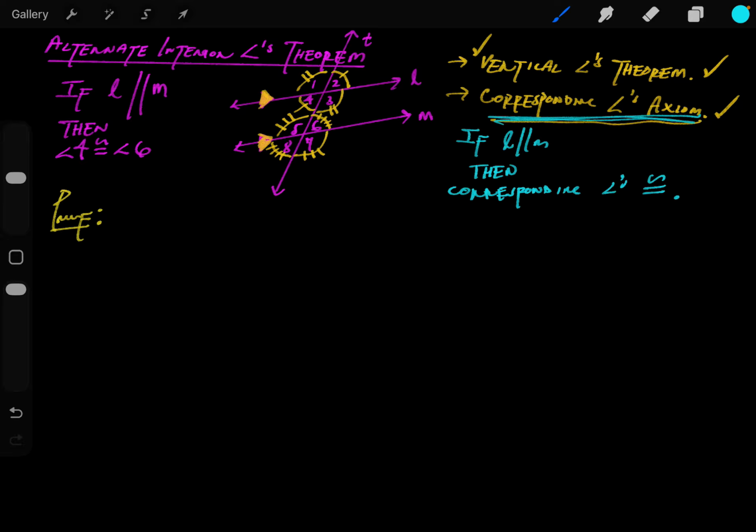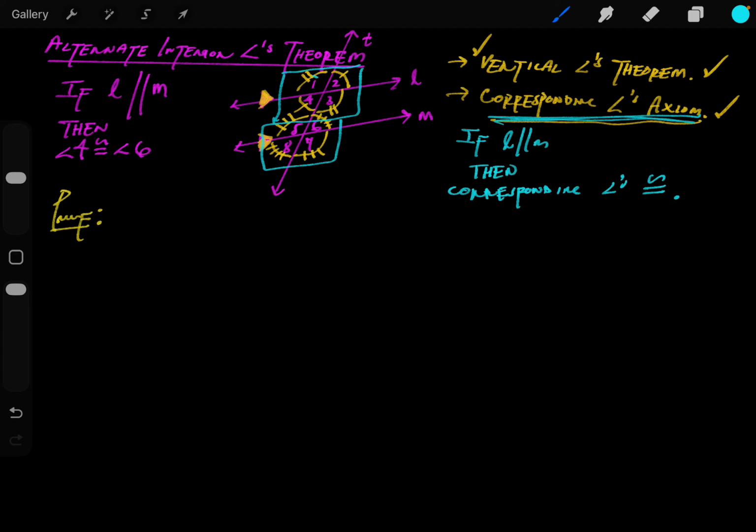That's a real quick way to write the axiom. So these two lines are parallel, then I know all the corresponding angles are congruent. So what's a corresponding angle? You have to think of these 4 angles and then these 4 angles, and relate them by position.